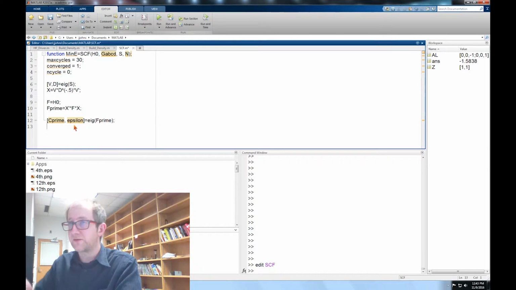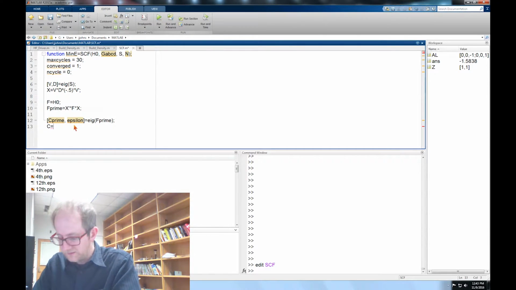We now need to transform this back into the atomic orbital basis set. So C is equal to X times C prime.